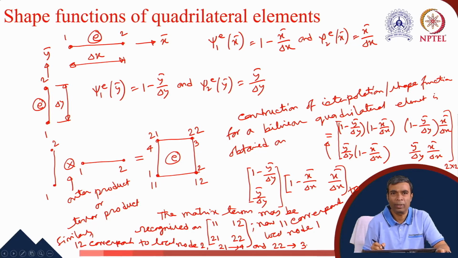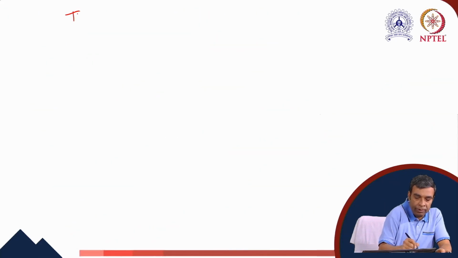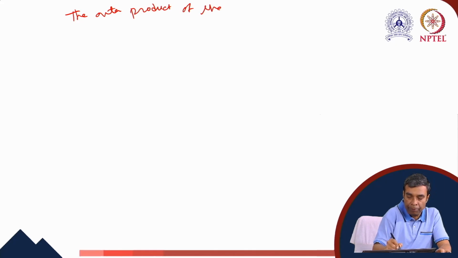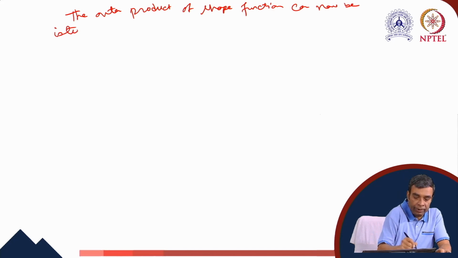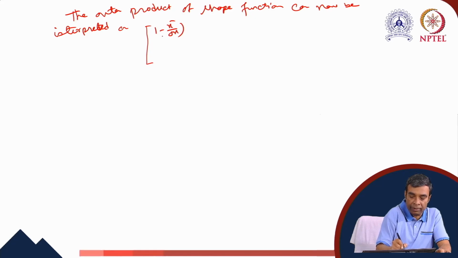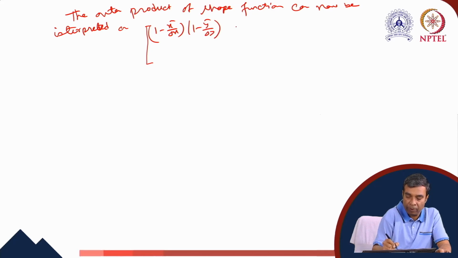So the product, we can represent it as the outer product of shape functions, which can now be interpreted as 1 minus x bar by delta x into 1 minus y bar by delta y.